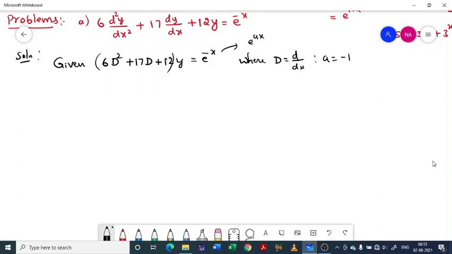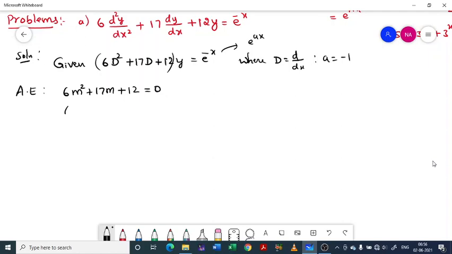And you know that this is a non-homogeneous linear differential equation. The solution of this equation involves yc and yp. So first you need to find yc. Auxiliary equation: 6m square plus 17m plus 12 equal to 0. 6 into 12 is 72, so the product should be 72 and the sum should be 17.